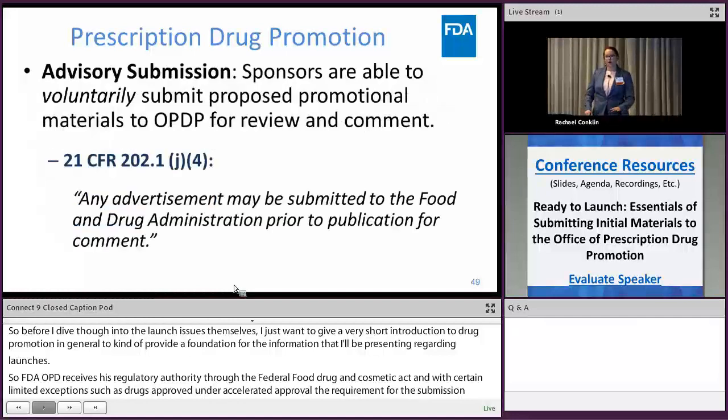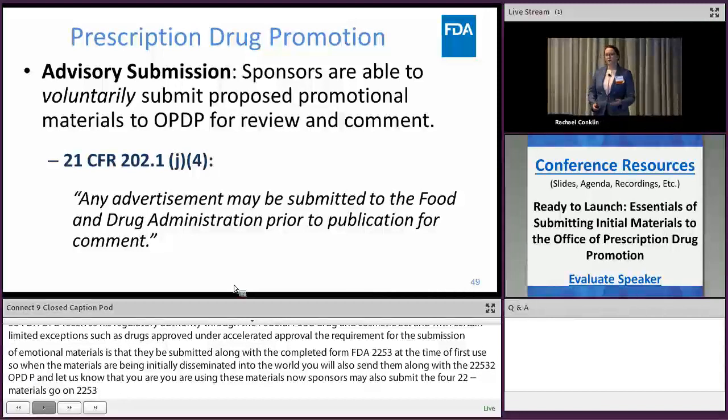Now, sponsors may also submit before the materials go out on 2253. They may also submit voluntarily promotional materials for advisory comment from OPDP. And what this means is that a sponsor is asking for OPDP's input on materials prior to using them in the public domain.